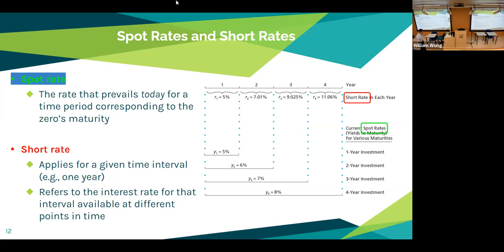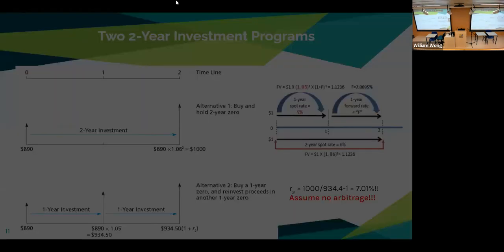It's a spot rate. SPOT, it means from now, or not necessarily from now, but it is the current rate for that. And forward rate, when I say forward rate, it means the period afterwards. And there is actually another term called the short rate. And I hope this particular chart will give you all the terms necessary.